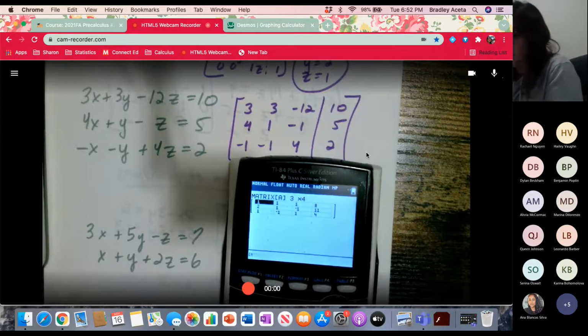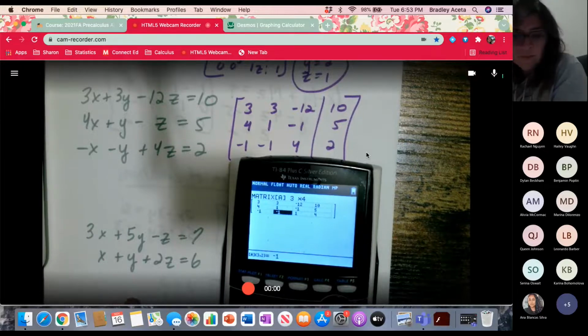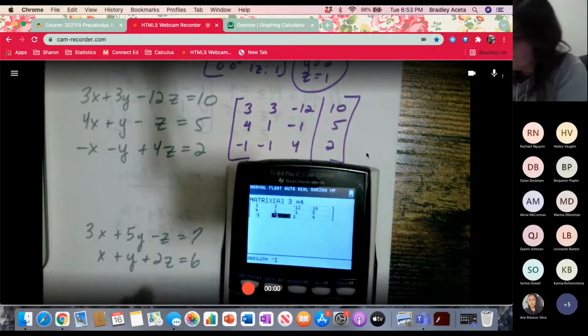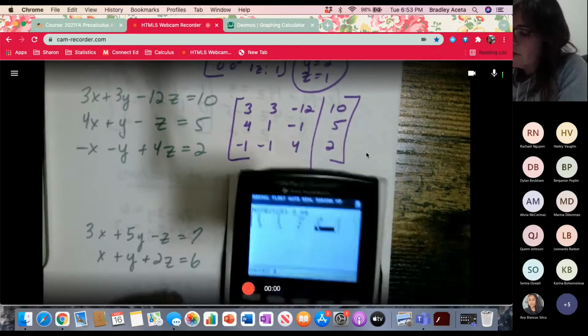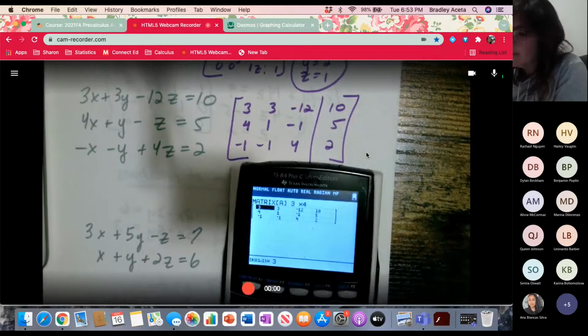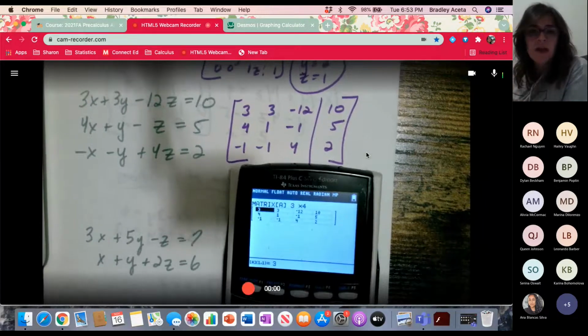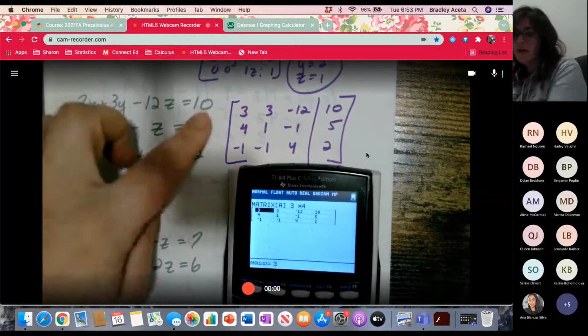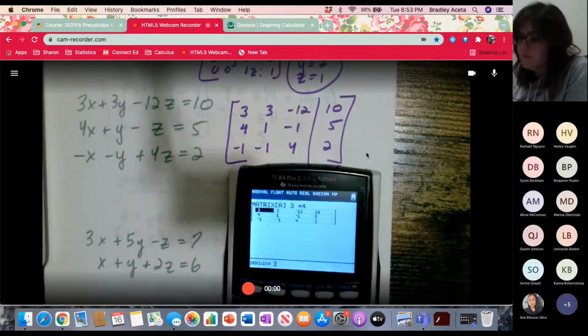So it's going to be a 3, 3, negative 12, 10, 4, 1, negative 1, 5, negative 1, negative 1, 4, and 2. You can't see there. So now I've renamed matrix A to have this augmented matrix.